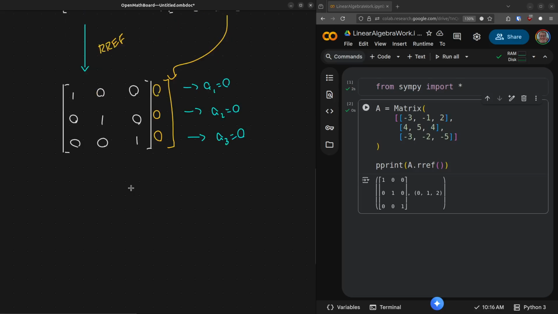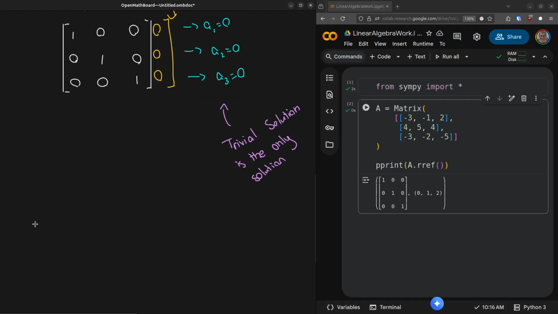So we conclude, since this is the trivial solution, we conclude that S is a basis for the set of all polynomials of degree 2 or less.